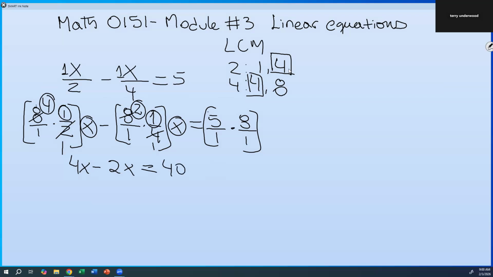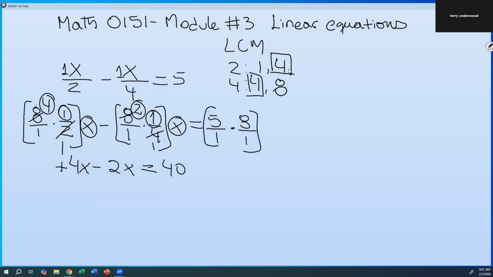So now I have a straight equation. What we do now is simplify like terms. You have 4x minus 2x. You know, when you subtract two numbers with different signs, you always carry the sign of the bigger number.